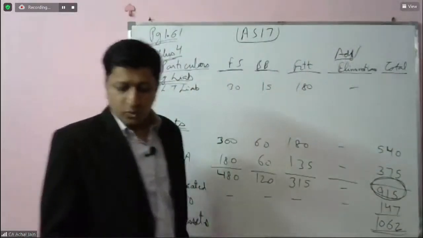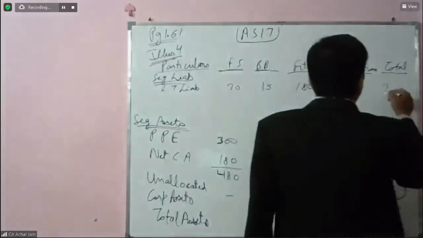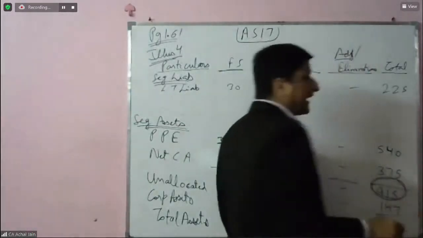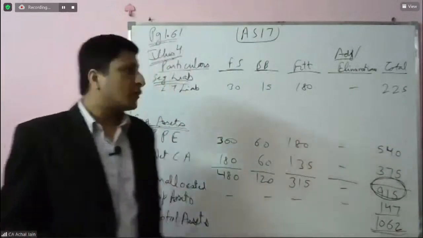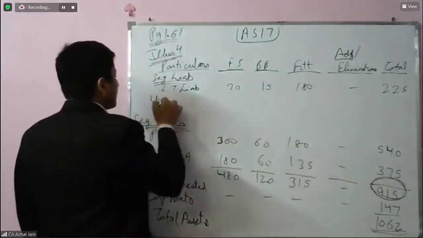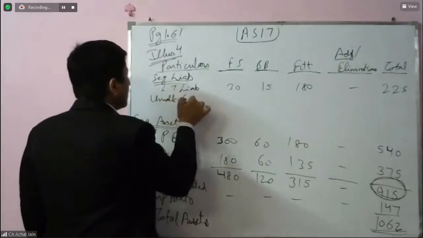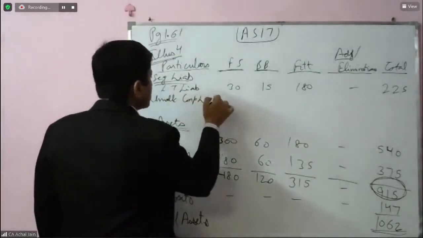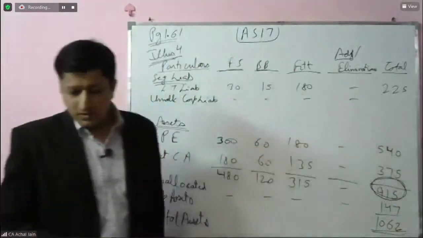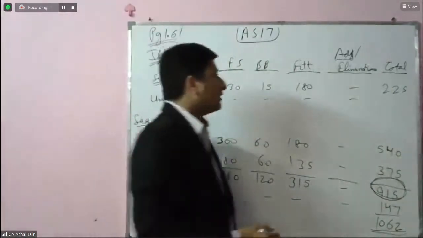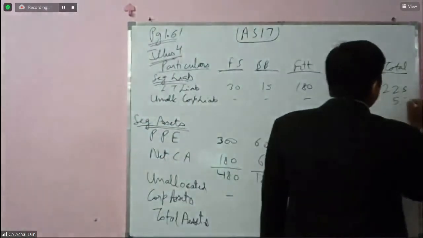What do we get? 225. And here again, we have got some unallocated corporate liabilities, which will go straight away to the total 57.